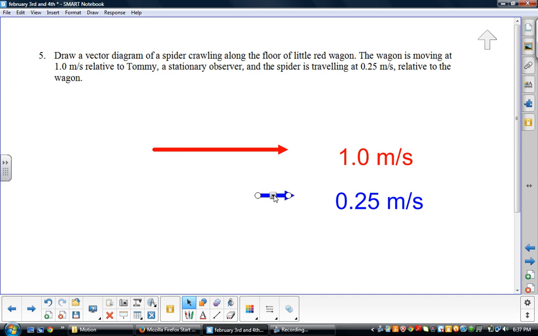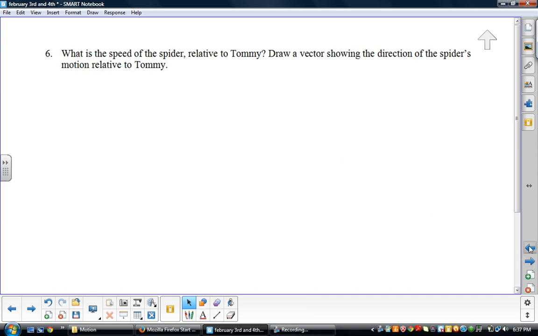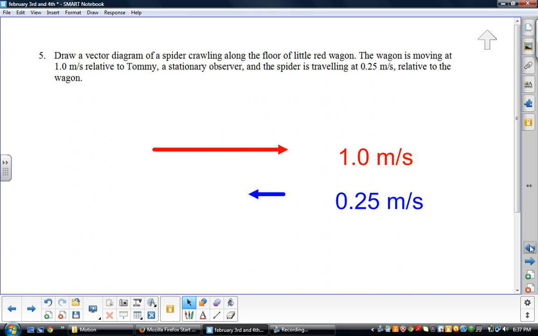But in this particular story, I'm going to say that the spider is going towards the back. Now, this is what you copy down onto your paper for question number 5. This is vector diagrams.